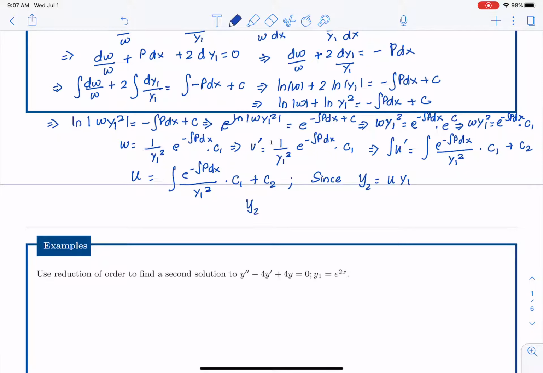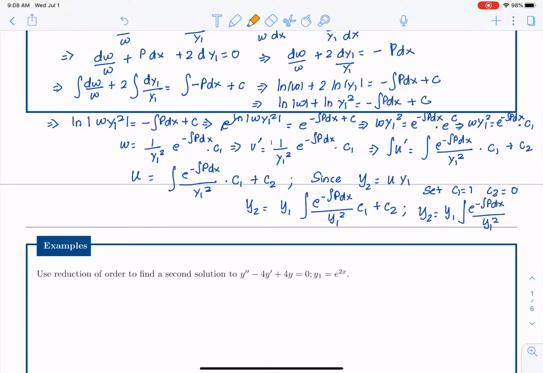So y2 would be equal to y1 times integral of e raised to negative integral p dx divided by y1 squared, c1 plus c2. For convenience, we're going to set c1 as 1 and c2 as 0, which would give us the second solution, y2 equals y1 integral e raised to negative integral p dx divided by y1 squared, and that would be the second solution that we are looking for.